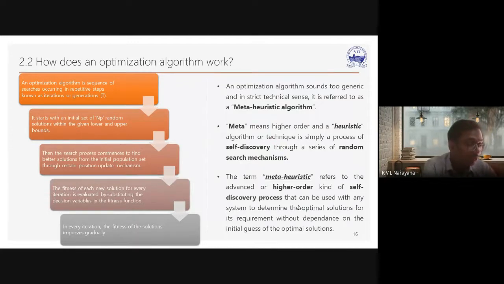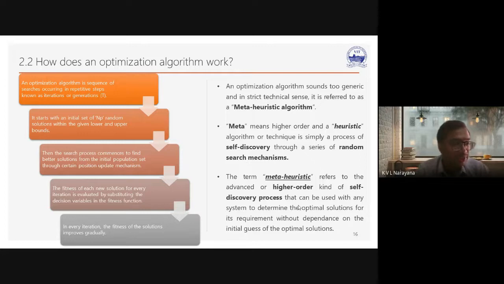The working of any meta-heuristic algorithm starts with initialization. I will clearly explain how a meta-heuristic algorithm can be initialized with respect to one of the algorithms. In general, any meta-heuristic optimization algorithm starts with initialization. Initially we have to give the dimensions, the population size, and the number of iterations.